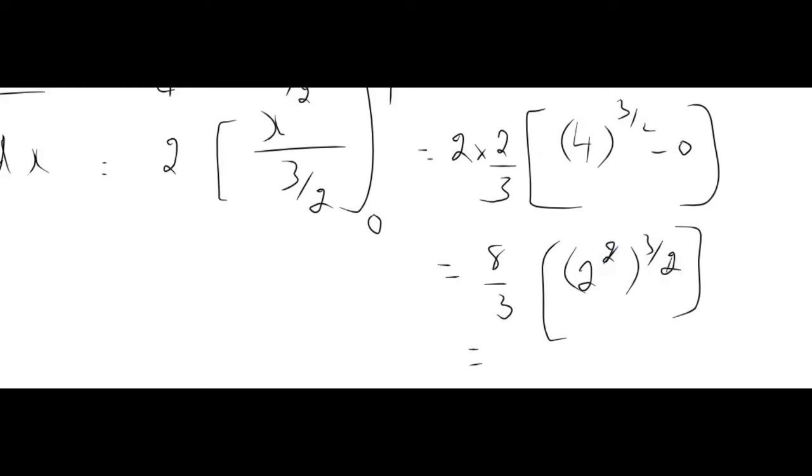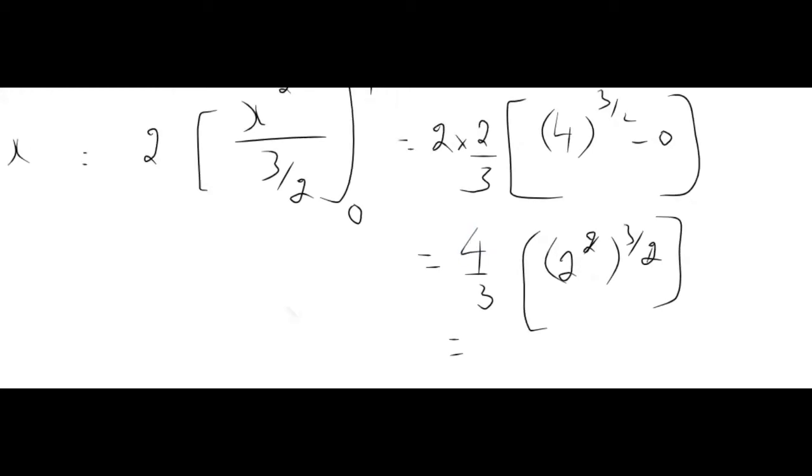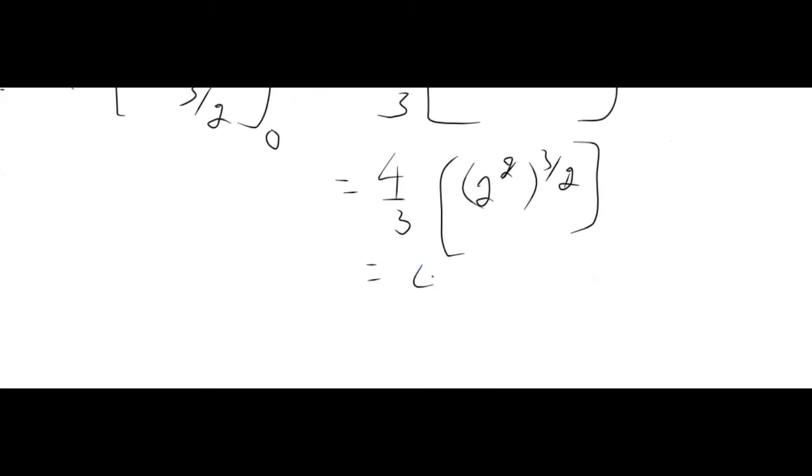So it is 2 cubed, which is nothing but, sorry, 2 2s are 4, children. This is 4. So 4 by 3 times 2 cubed is 8, which is nothing but 32 by 3. So area of the first part is now going to be 32 by 3. Now let us have this as 1.